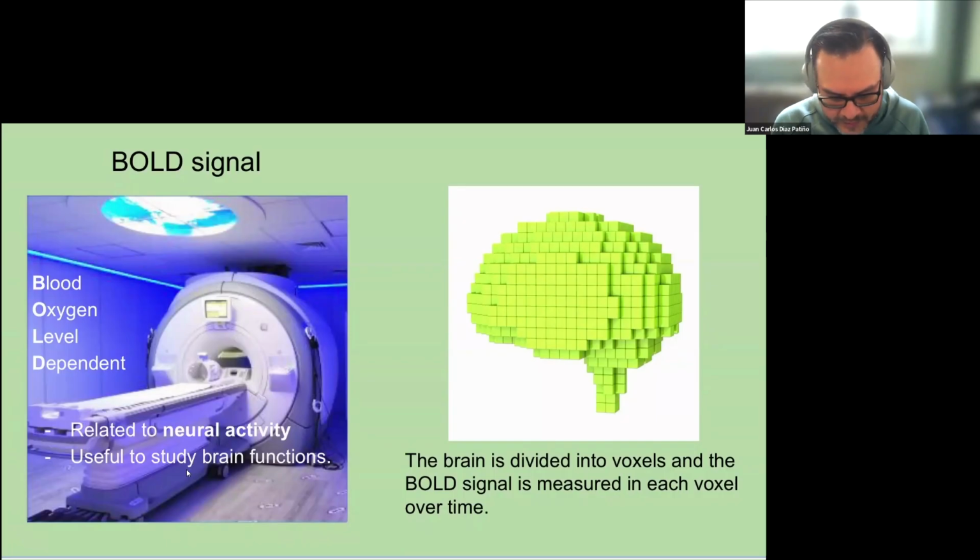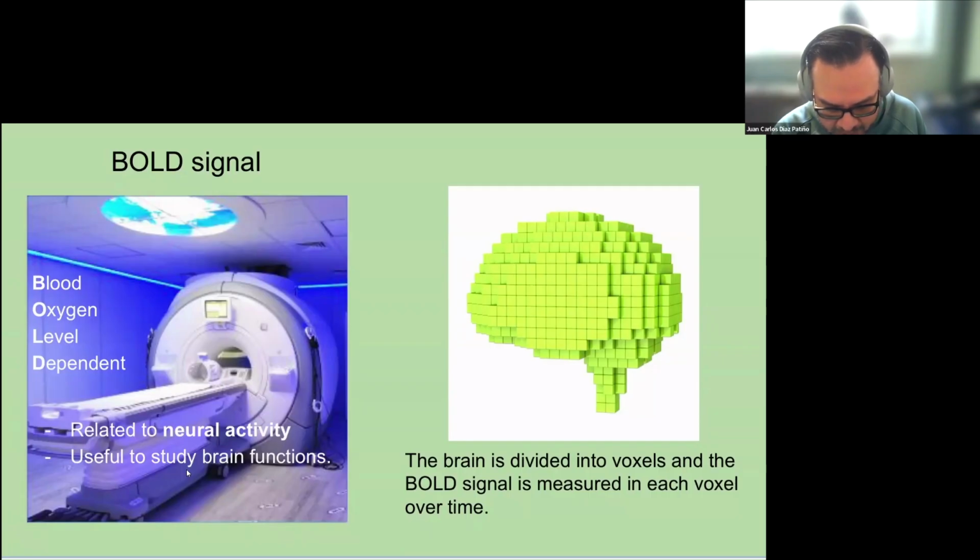So the brain responds. This is a physiological process, and it sends blood to this region of the brain. Usually it overcompensates the amount of blood that is needed in this region. This is a phenomenon that is detected in the MRI machines. The magnetic machine that is used to measure the magnetic field is very sensitive to these kinds of changes. And this is why it's important in the study of neurosciences.